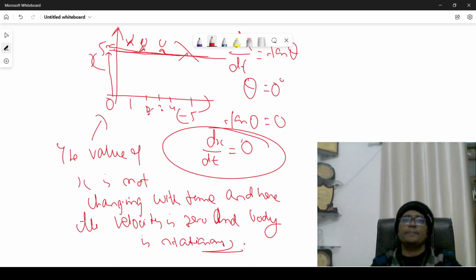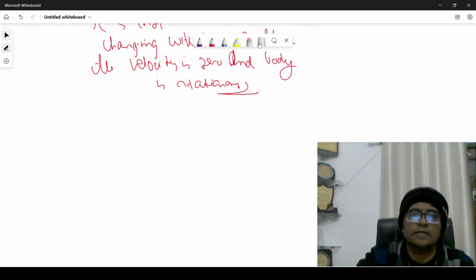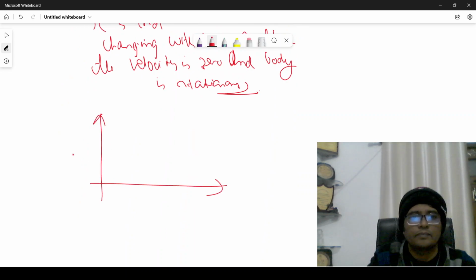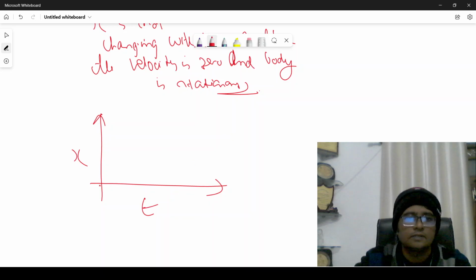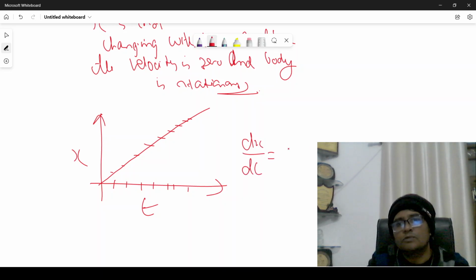Okay, fine, done. Now suppose if you have got a graph like this, x t, it's going like this. What does it mean? We see that at the regular interval of time, we have the regular increment in the value of x. Means dx by dt is equal to tan theta.